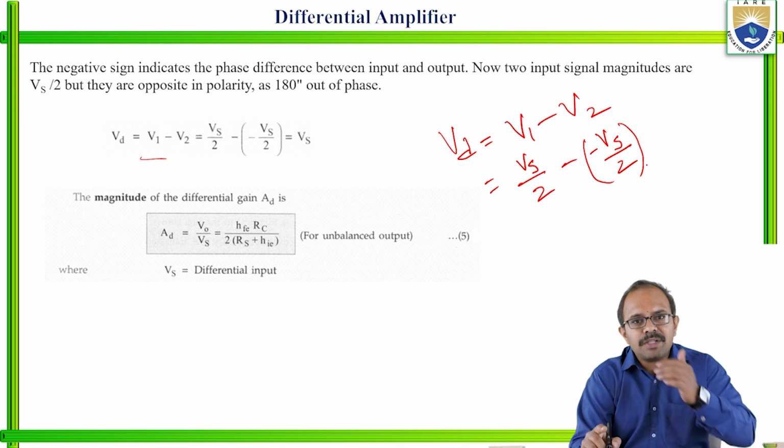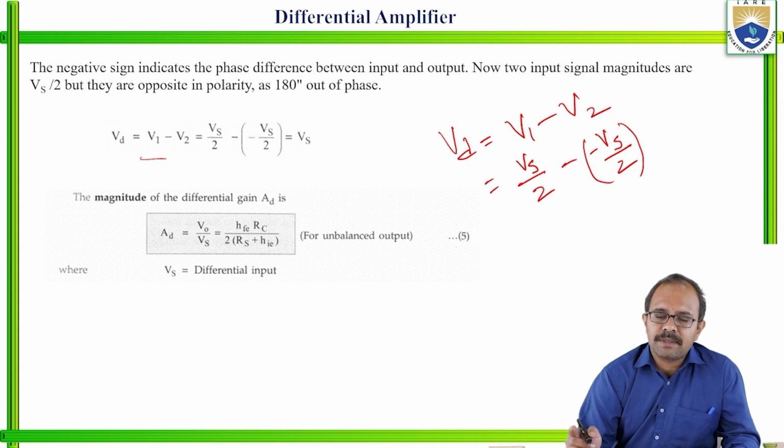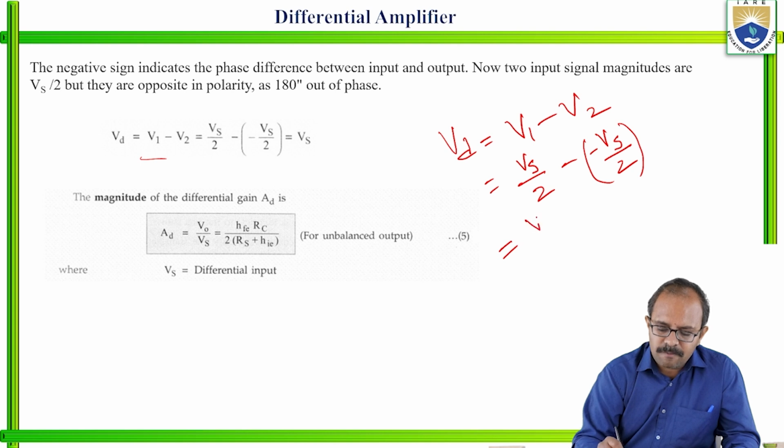Both magnitudes are the same, but there is a phase shift of 180 degrees between the two inputs. So we can say Vs by 2 minus of minus Vs by 2. So what is this expression now? It will become Vs by 2 plus Vs by 2, right? So this is going to be Vs now.